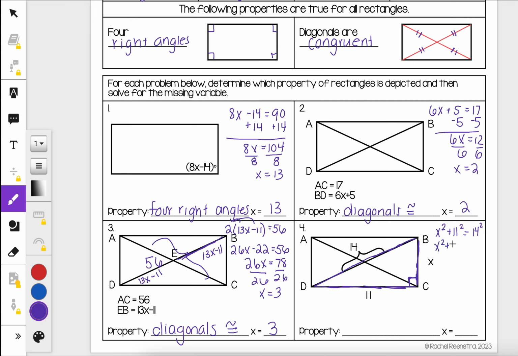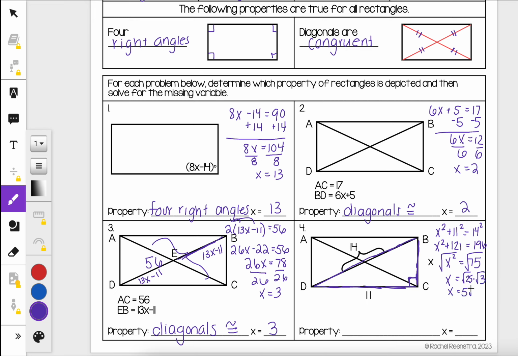Let's simplify this. So we're going to have x squared plus 121 equals 196. x squared equals 75. And then I'm going to take the square root of both sides. So x equals, now I can either reduce this. If you are simplifying radicals, I can simplify this to the square root of 25 times the square root of 3.